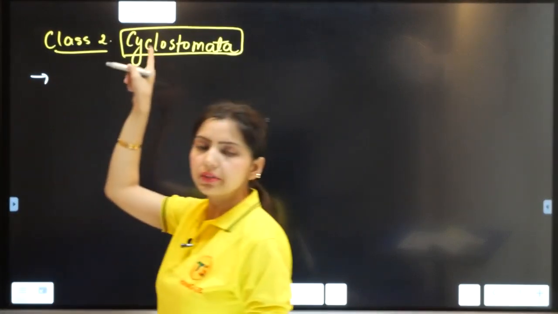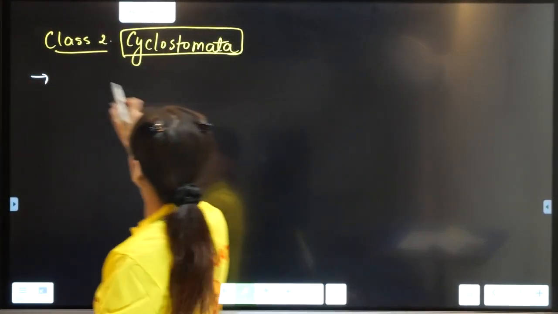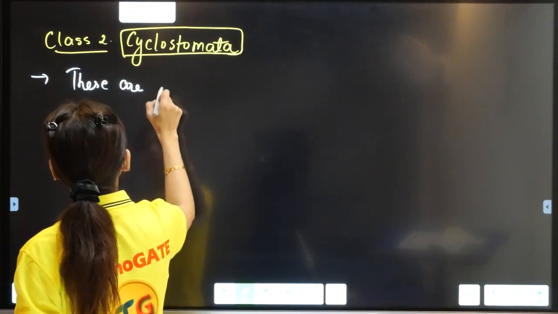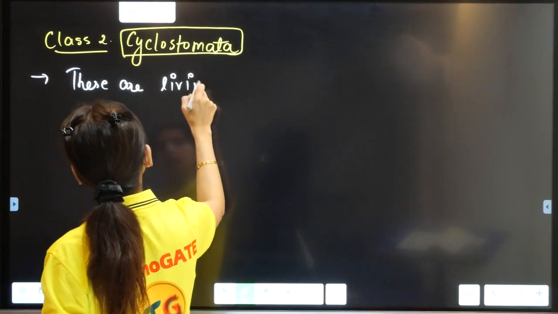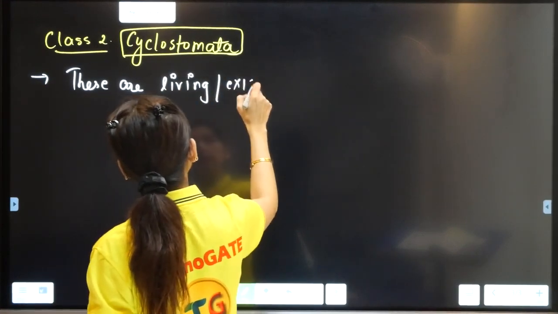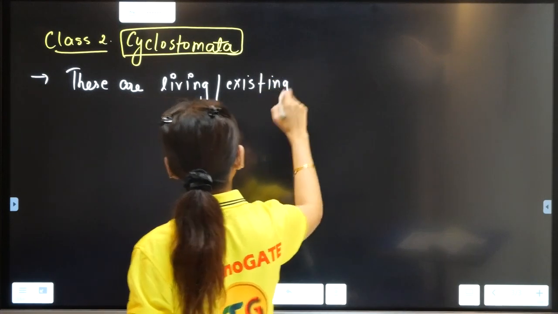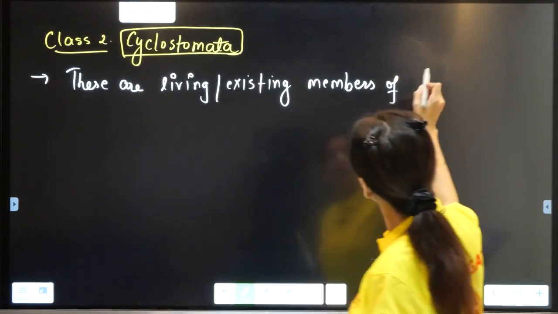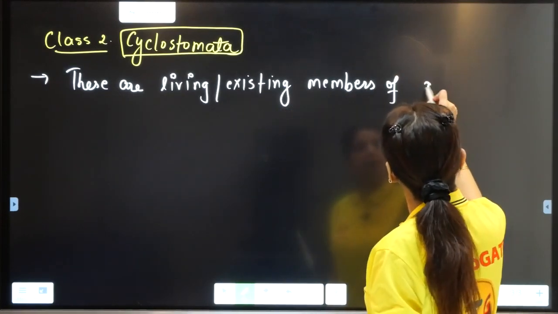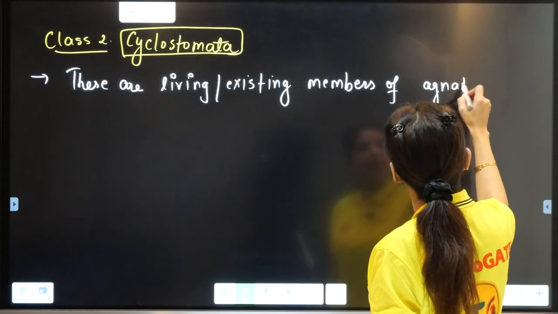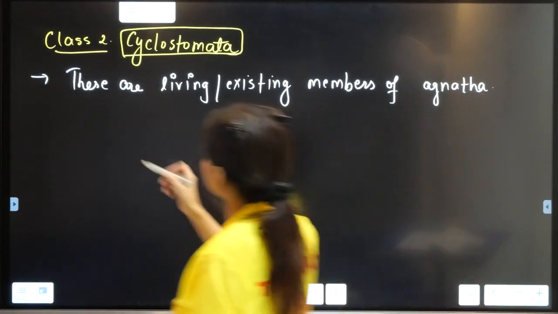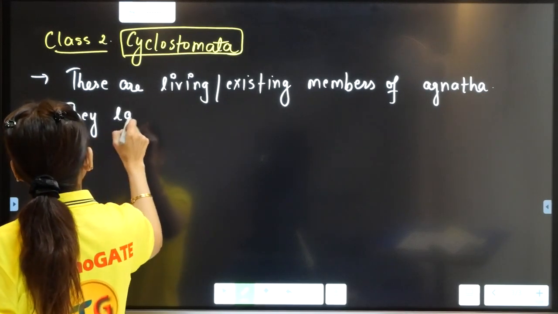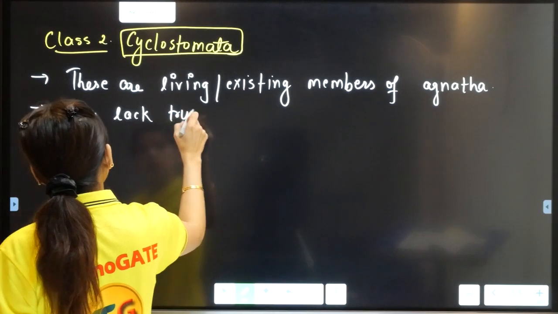These are also under which superclass? They are under Agnatha. So write down, these are living or existing members of Agnatha. They lack true jaw.